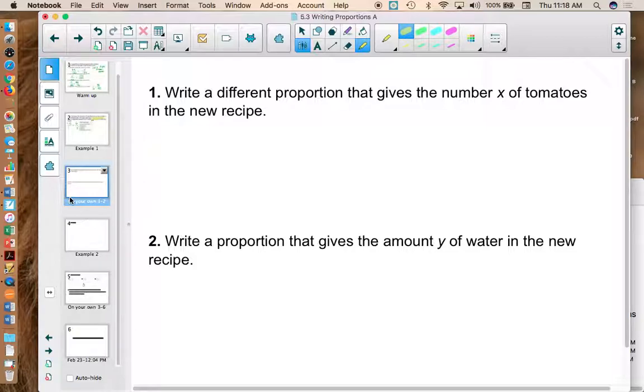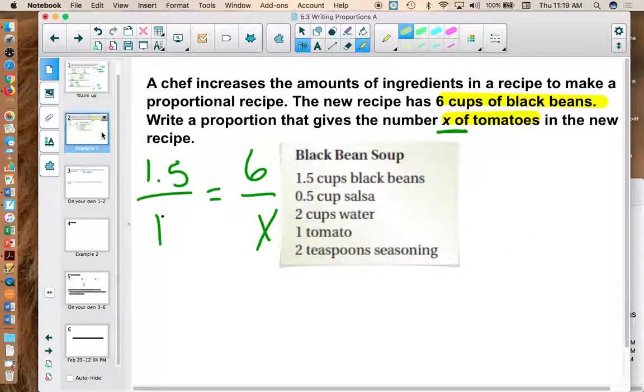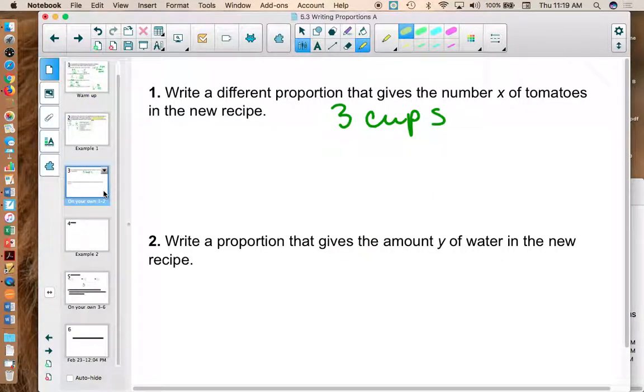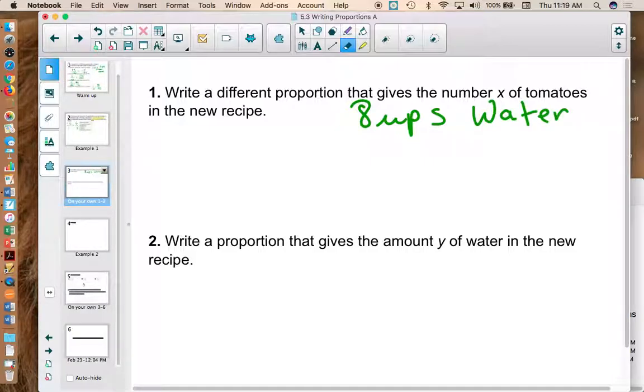Write a different proportion that gives the number of tomatoes. Well, what if I go back to the one we had, and I say, what if you have 8 cups of water? What proportion will give you the number of tomatoes if you have 8 cups of water?